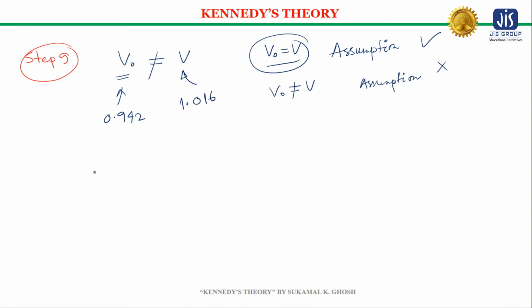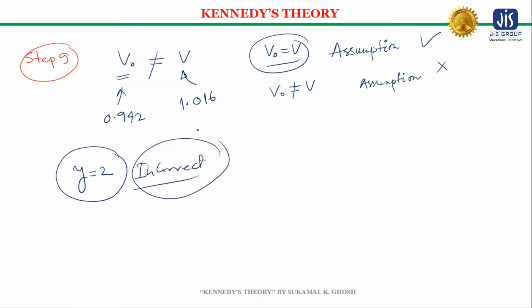That is why our assumption that y is equal to 2, meaning the depth of the channel is 2, is incorrect. So as we discussed in our last video, we need to repeat the whole procedure again. So let's repeat the procedure.